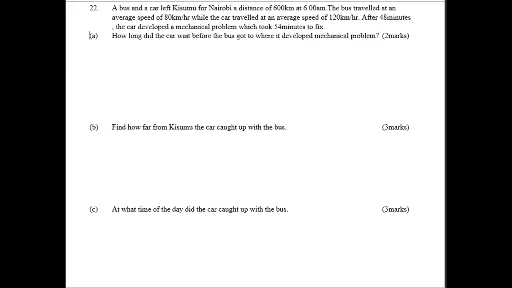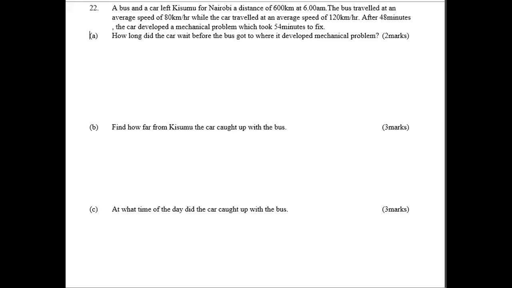The car delayed there for 54 minutes for fixing. The bus passed by and went ahead towards Nairobi. In these 54 minutes, the bus was definitely traveling, and it did 80 kilometers per hour times 54 over 60. It did 72 kilometers.